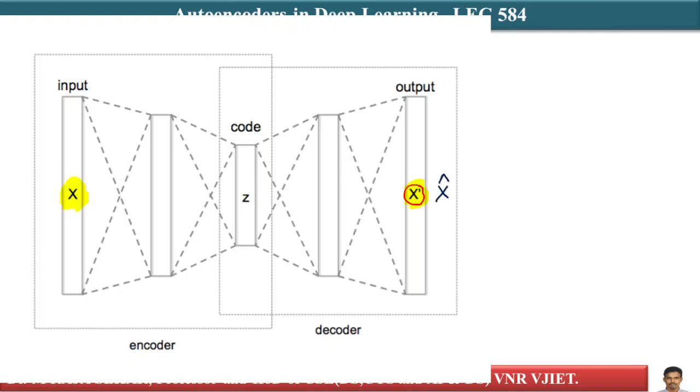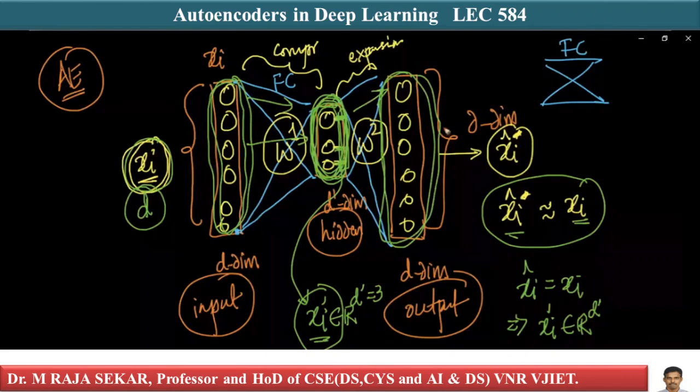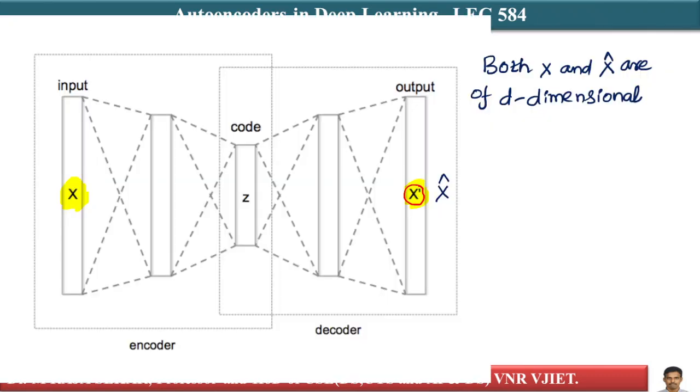In Wikipedia's page they gave x dash, but I am assuming x cap. Both x and x cap are d-dimensional. Instead of one hidden layer, I can have more hidden layers. In the previous lecture we were discussing one where we have only one hidden layer. Now I can have more than one hidden layer.